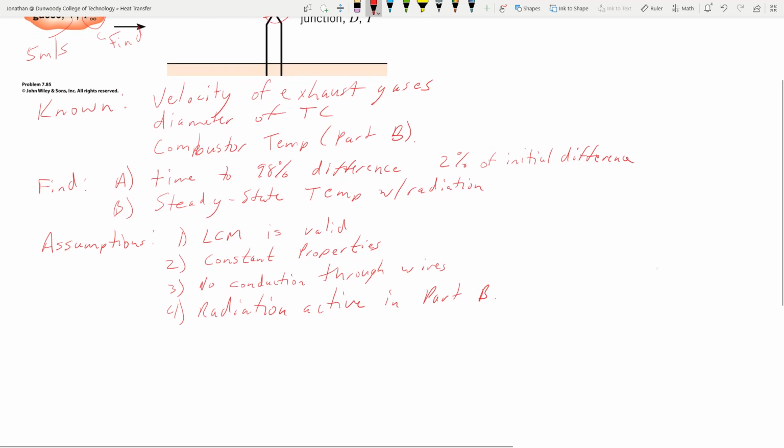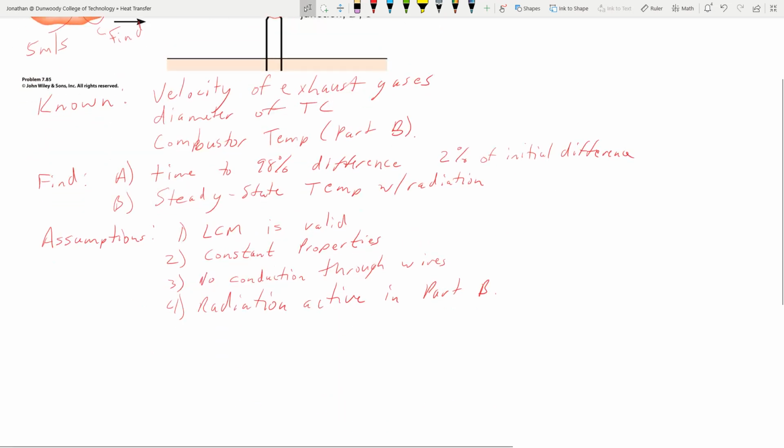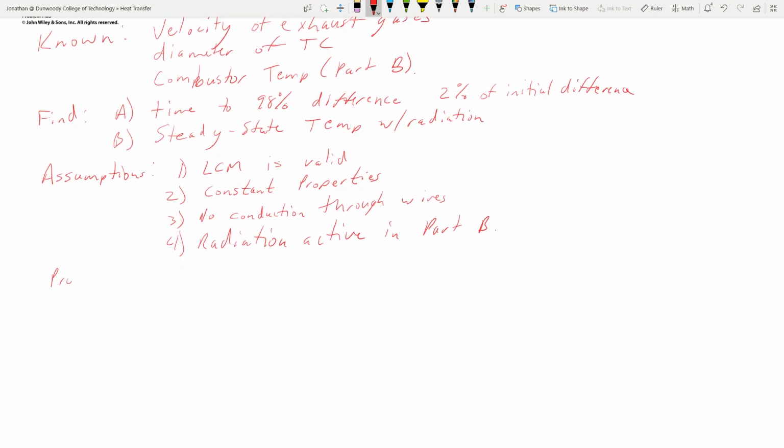Alright, so we have our thermocouple properties given to us. That's in the problem statement. So we have k, it's 100 watts per meter Kelvin. c is 385 joule per kilogram Kelvin. And density is 8920 kilogram per meter cubed.